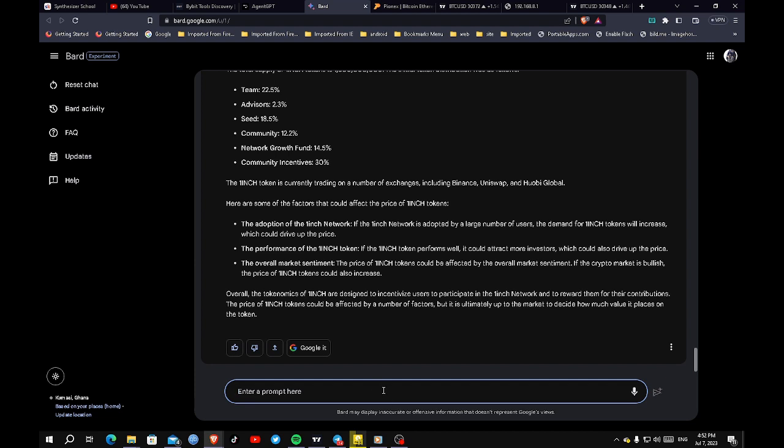I also want to quickly wrap it up by showing another prompt that you can use for fundamental analysis using the ToolsGPT: make a list of crypto projects that have partnered with Fortune 500 companies.